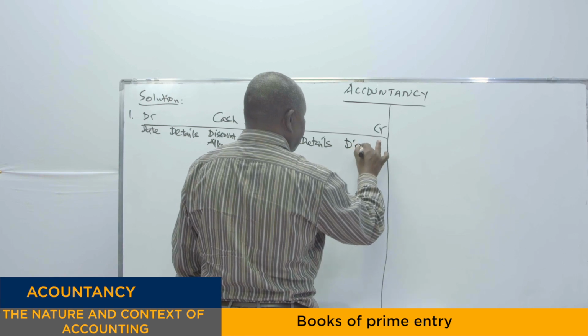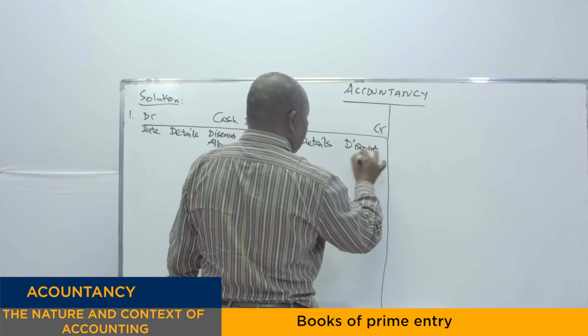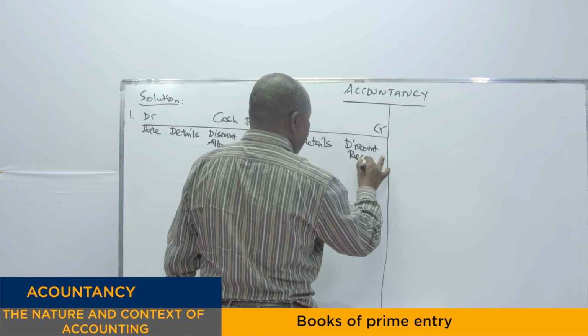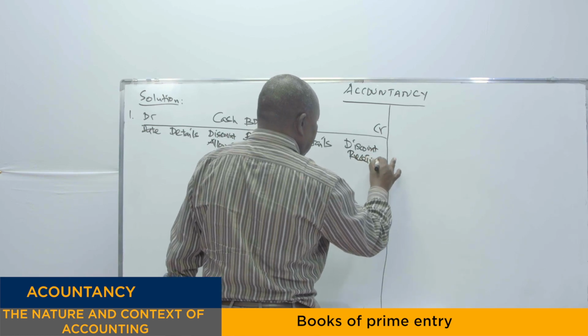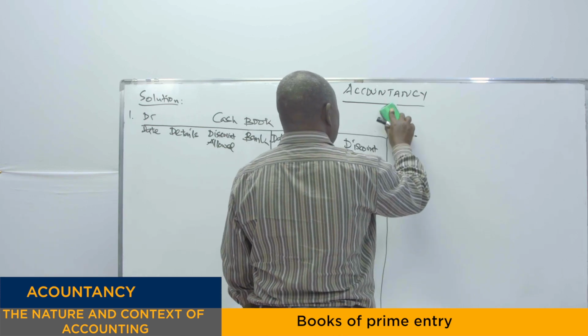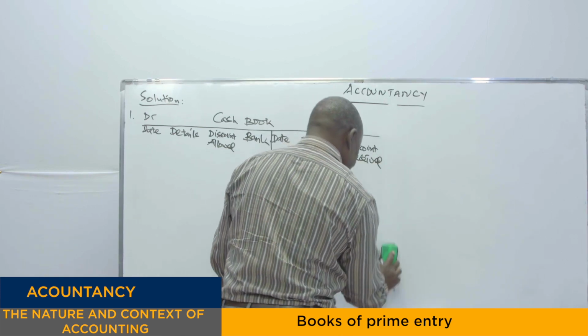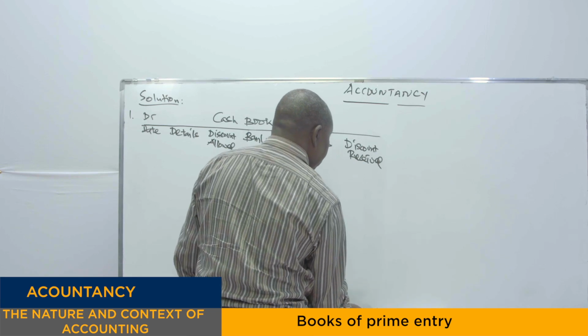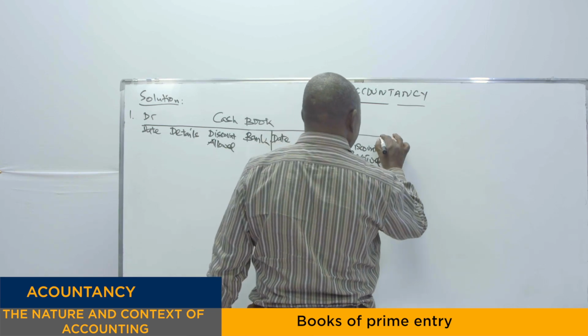Now it's discount received, then we'll have the column for bank.